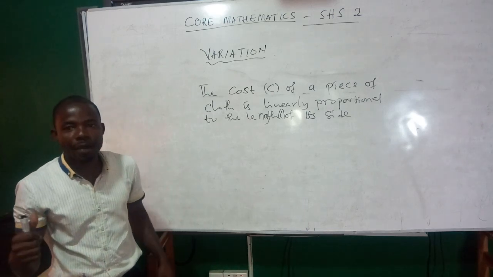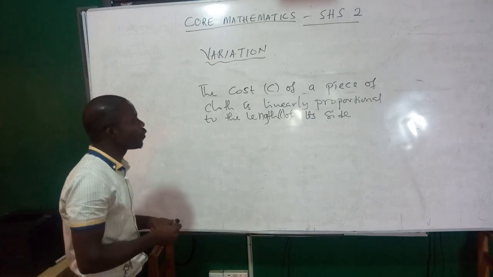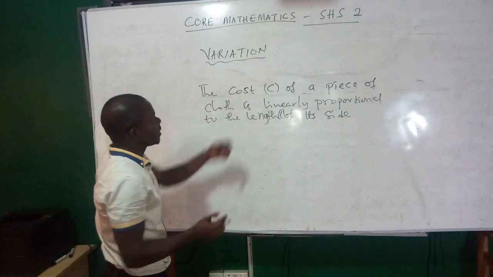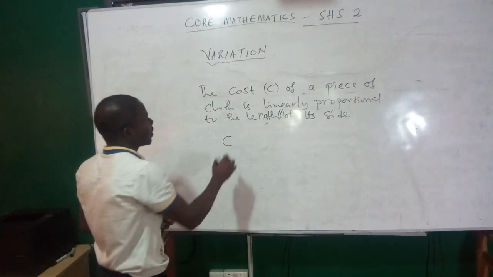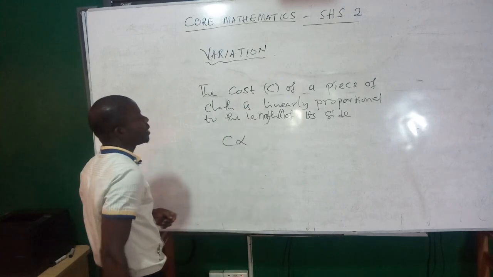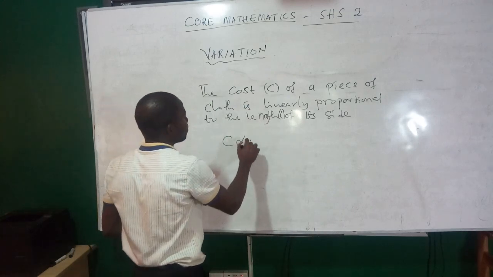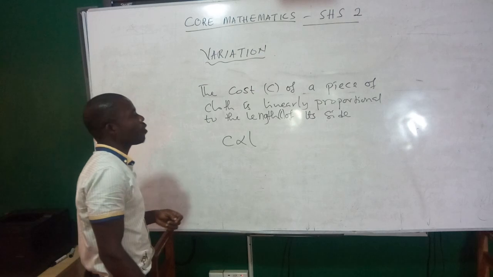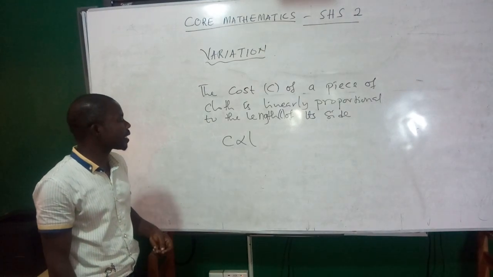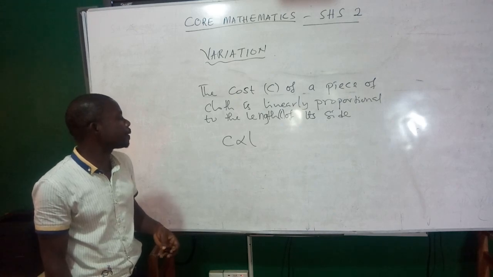Yes, the time is up. So let's see if you've written it nicely. The cost is C, and it is linearly proportional to the length L of its side. So this is how to write it mathematically or symbolically.